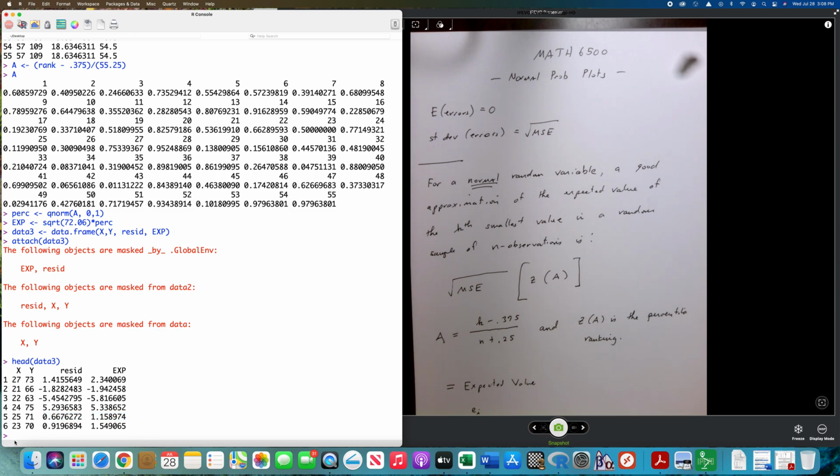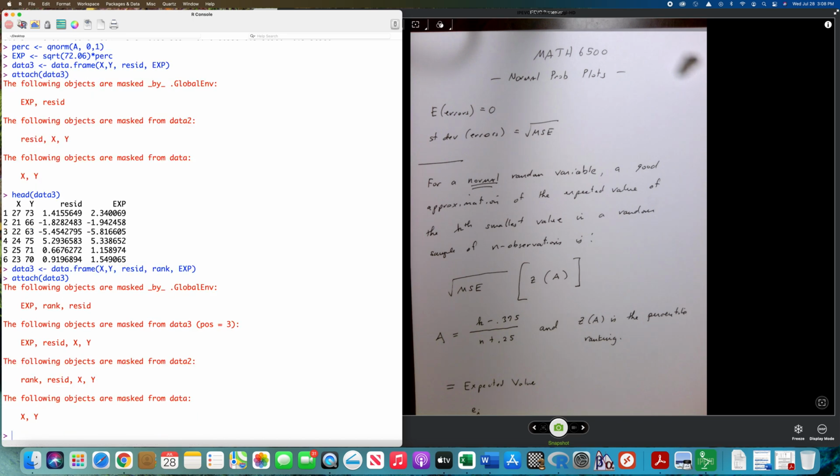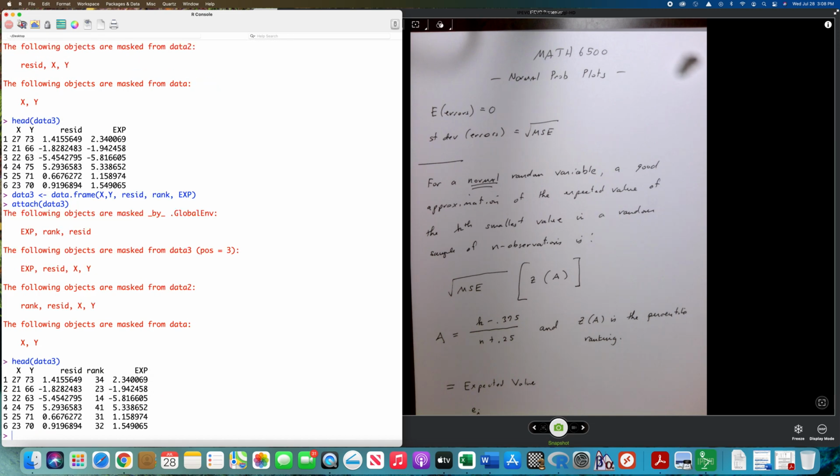Let's go back up and I want to include rank there. I'm thinking that the biggest difference is going to be the ones with the highest and lowest rank.